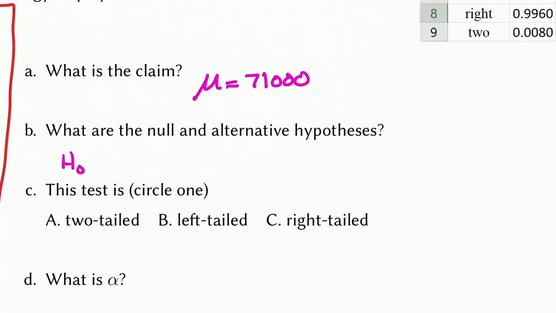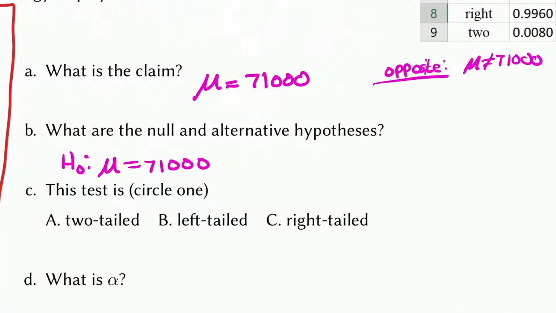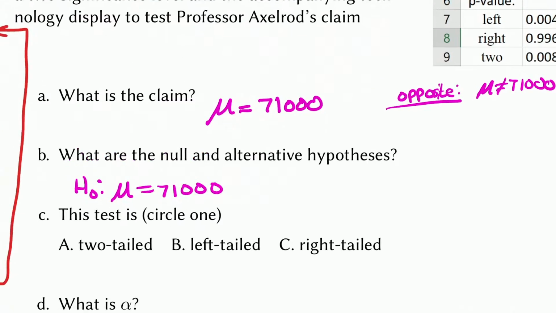Okay, so the null hypothesis, and the opposite. Unless I actually ask for it, you don't have to do it, but it's helpful: it's not equal to 71,000. So the null hypothesis is the one with the equal sign. Make sure you write that symbol, that mu.